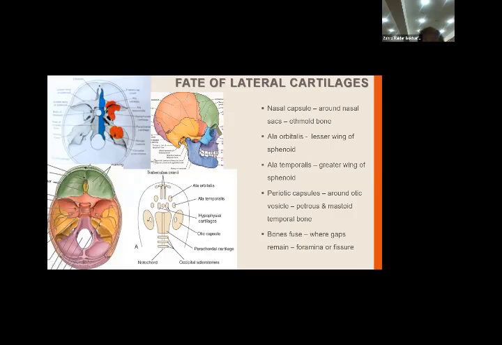Okay. Now what happens is that once these cartilages undergo ossification and develop into bones, these bones then fuse with each other. That is why they are shown in different colors. All these bones fuse with each other, and each one has a different shape. They fit well into each other, and where they fit well, they form sutures.